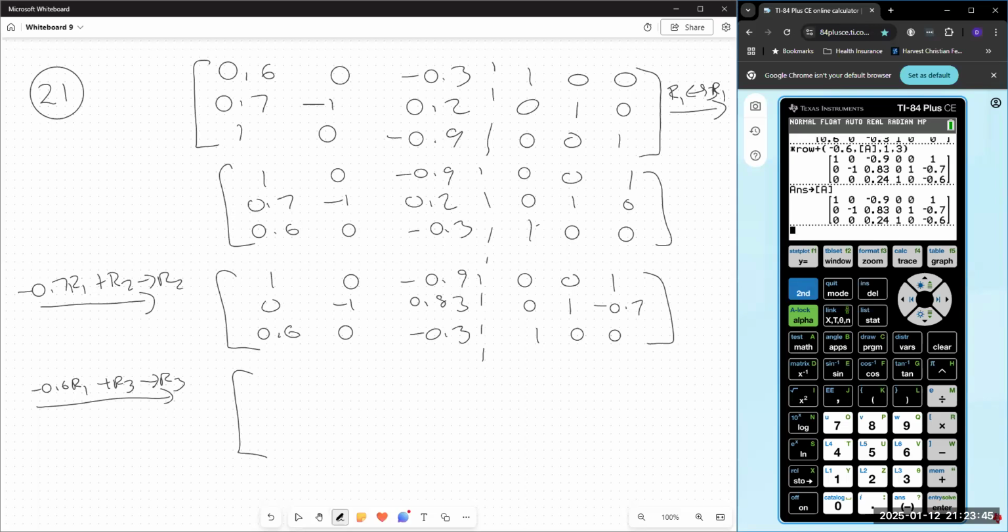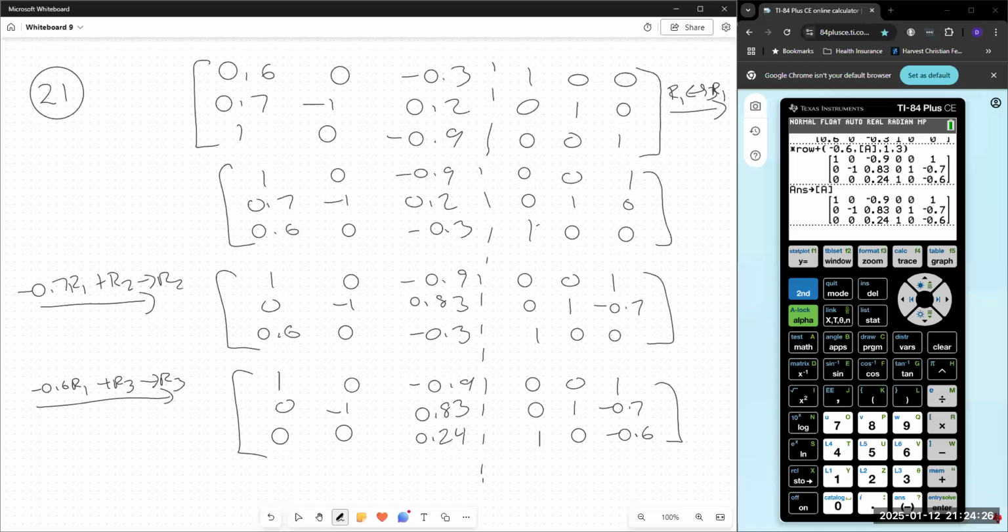My new matrix A is 1, 0, negative 0.9, 0, 0, 1, 0, negative 1, 0.83, 0, 1, negative 0.7, 0, 0, 0.24, 1, 0, negative 0.6.